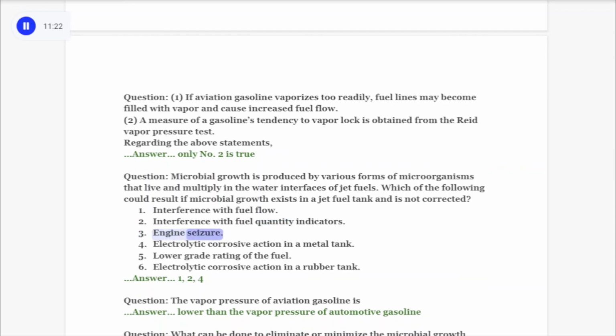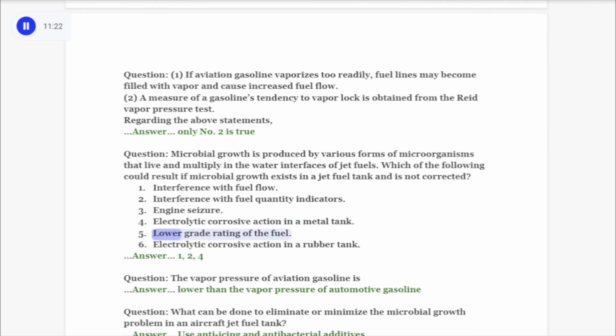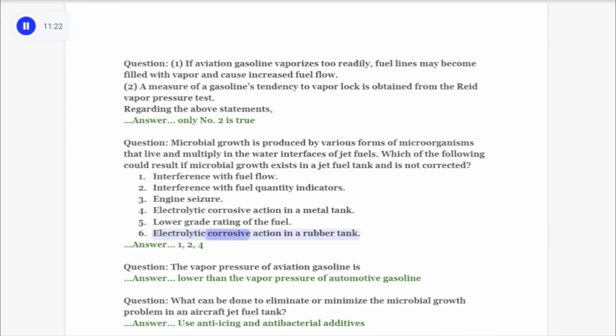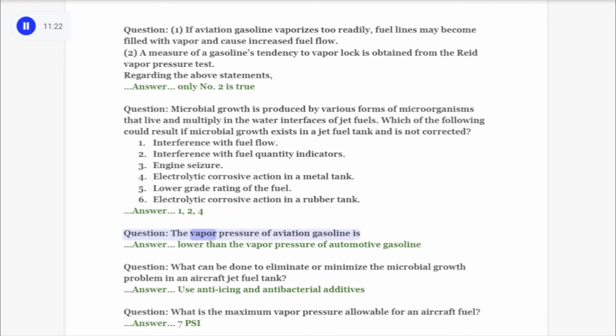Engine seizure. 4. Electrolytic corrosive action in a metal tank. 5. Lower grade rating of the fuel. 6. Electrolytic corrosive action in a rubber tank. Answer: 1, 2, 4.